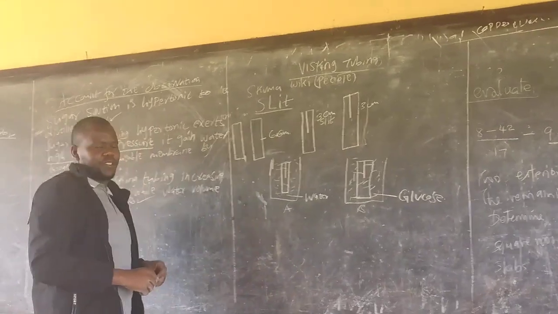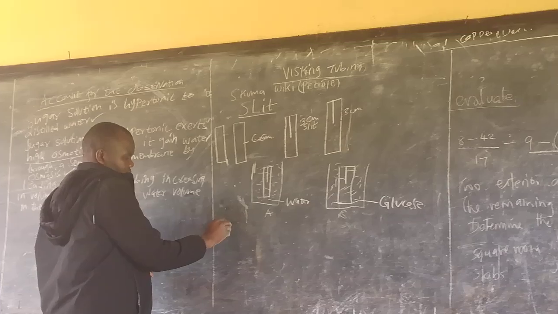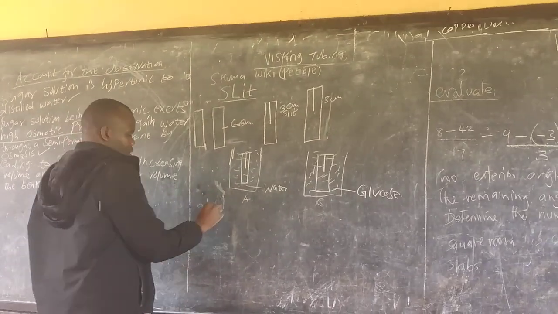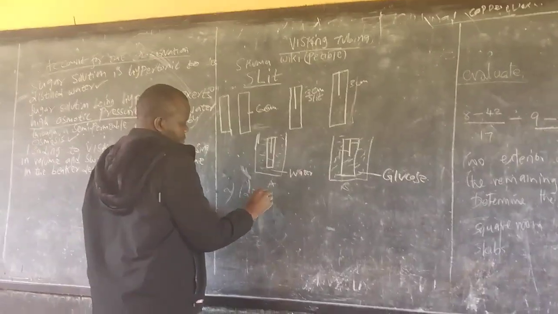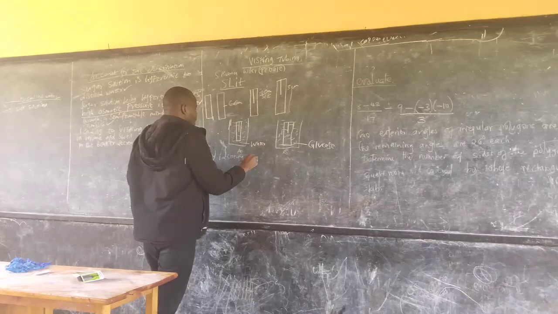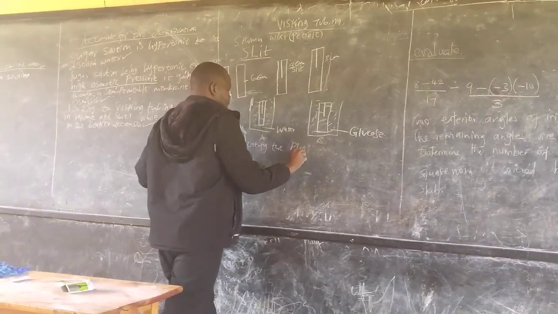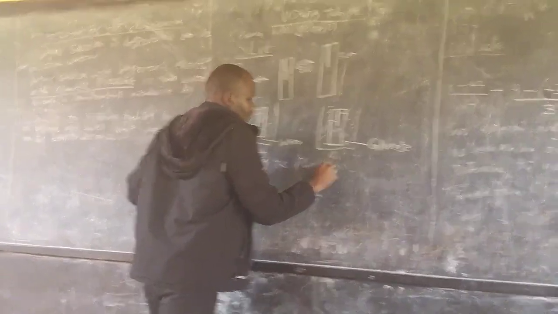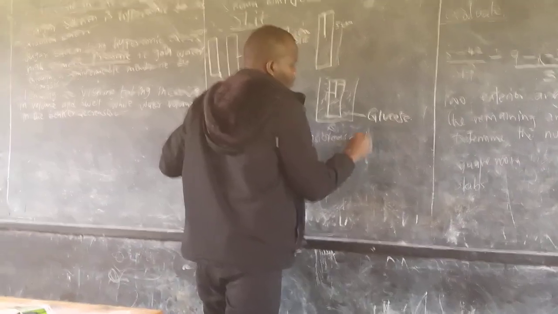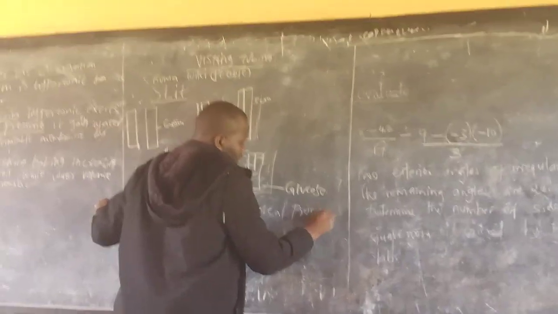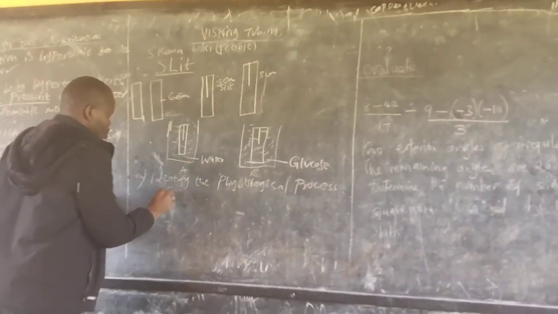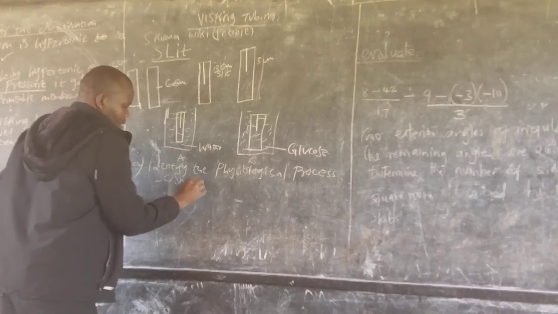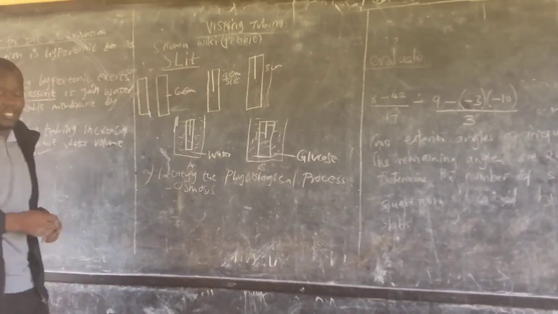The first question is usual. What would be our first question? Identify the physiological process. Which one would be our physiological process? Osmosis. Definitely it will be osmosis. Is that clear? It is osmosis.